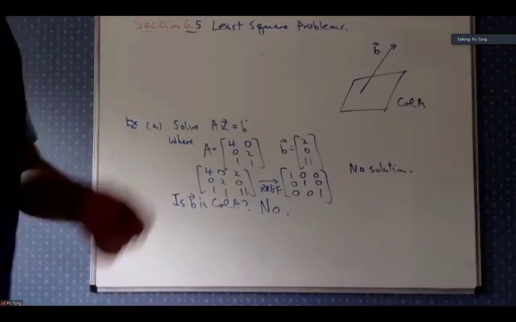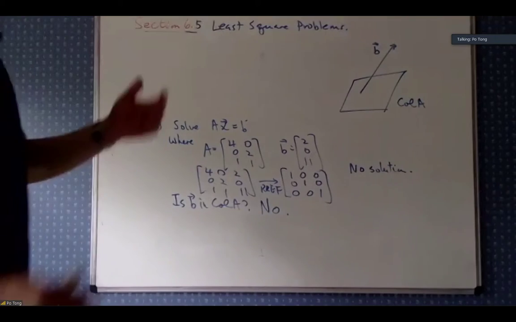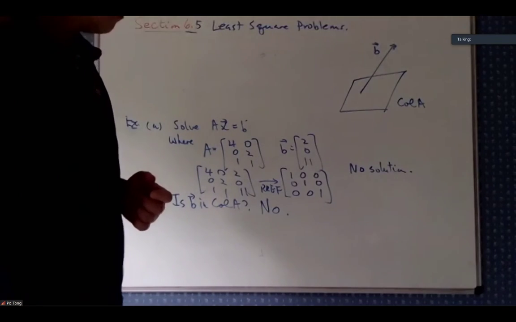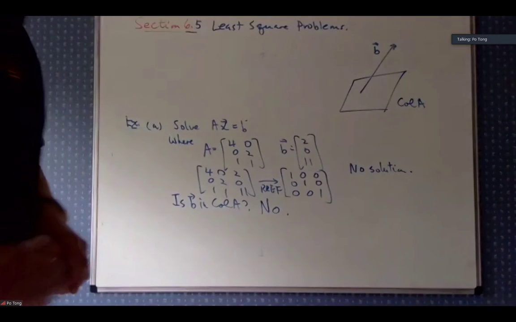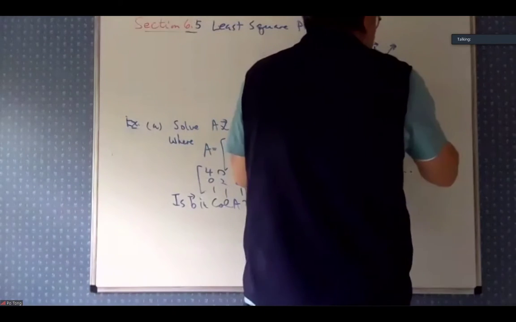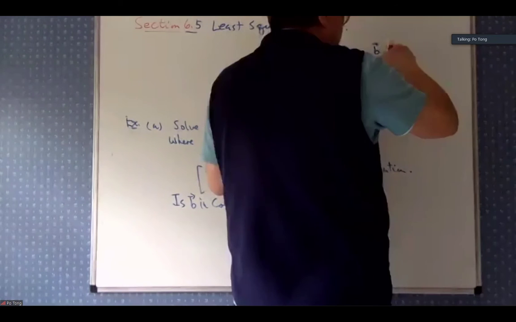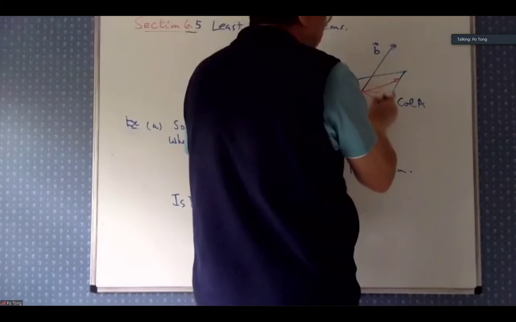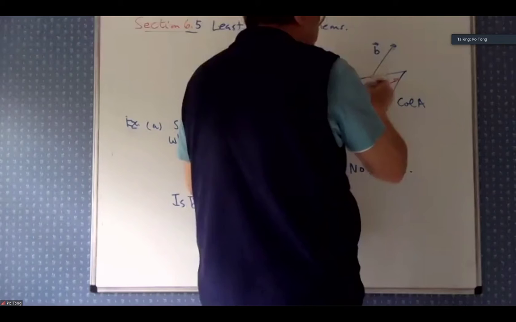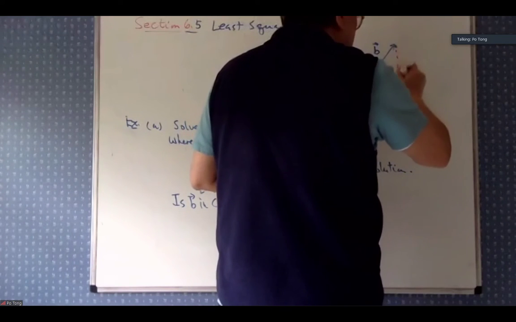I want to find, the goal is to find the vector in the column space of A which is closest to B. There are many vectors here in the column space of A, but I want, in particular, to find the one that is closest to B.